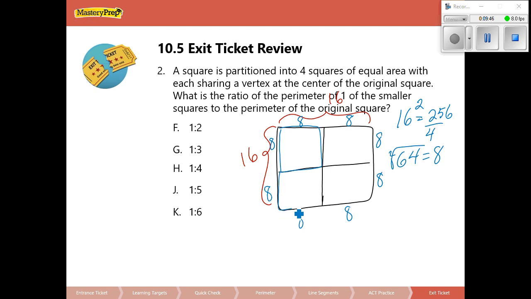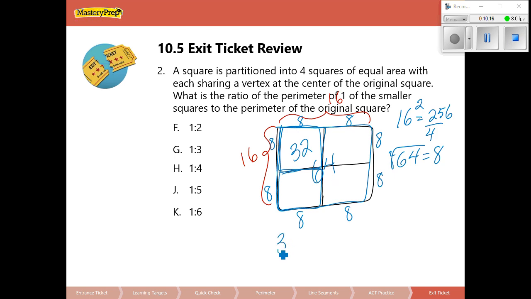So, okay. Now the perimeter for any one of these here would be 8, 8, 8, and 8. Incidentally, that's what we just found not 2 seconds ago, yes? So the smaller is 32. What's the perimeter of the bigger one? So the bigger is 64.